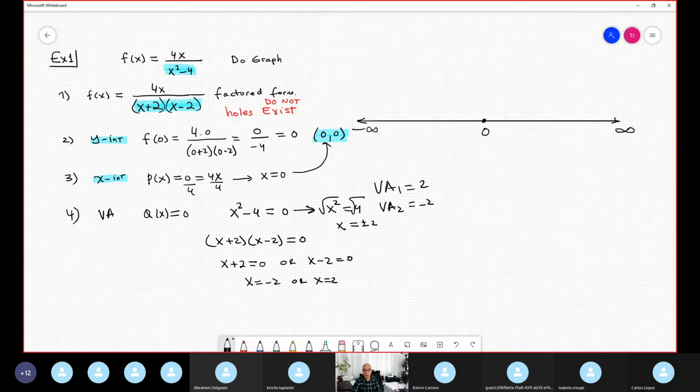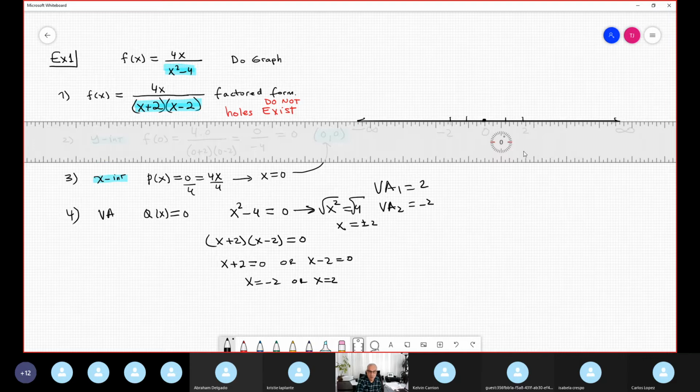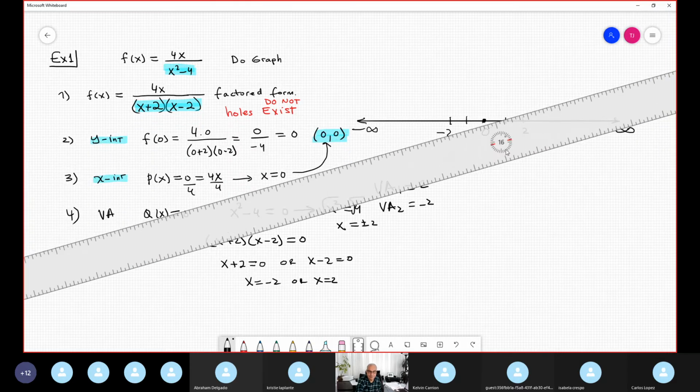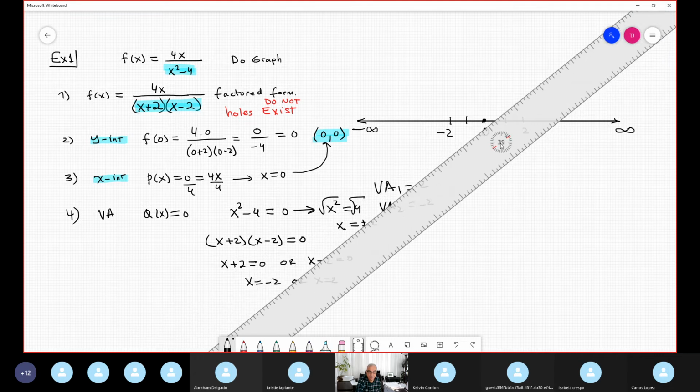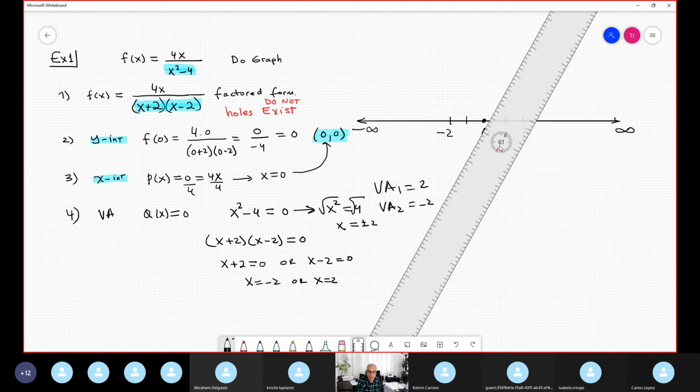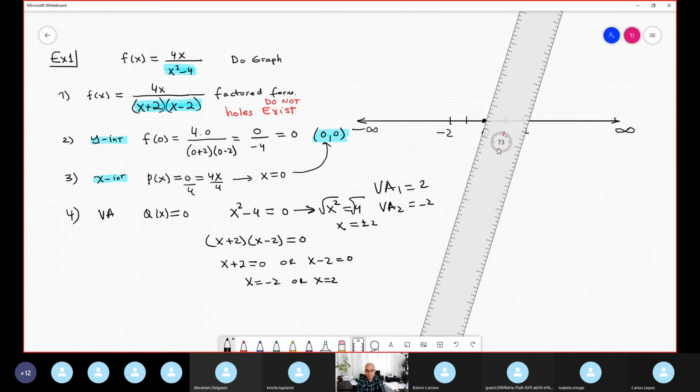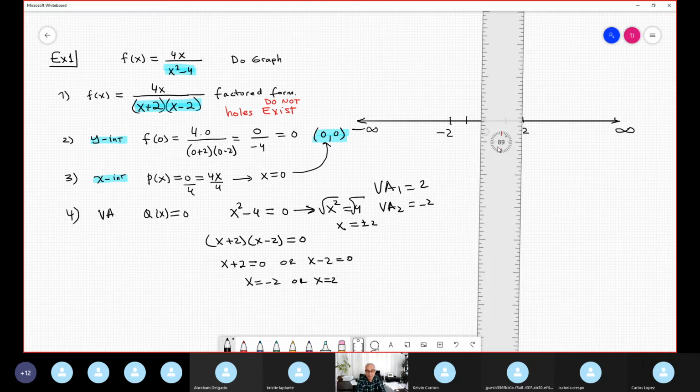I plot 2 and negative 2, and we have two vertical asymptotes, 90 degrees vertical, at positive 2 and negative 2. Here, over there, vertical asymptote, and another vertical asymptote here.